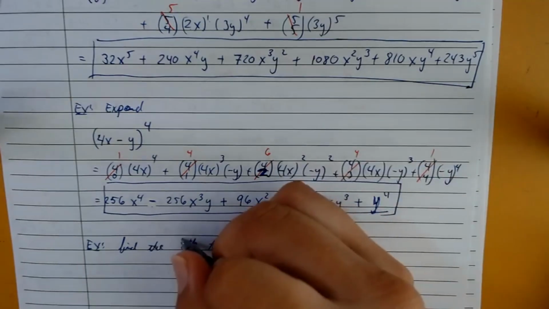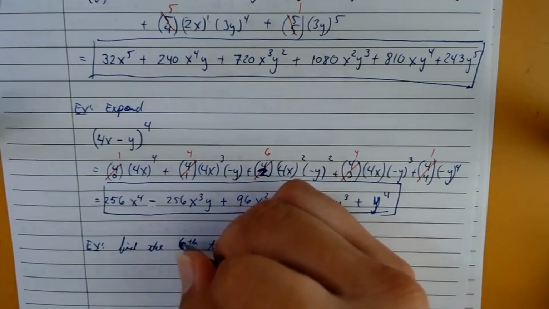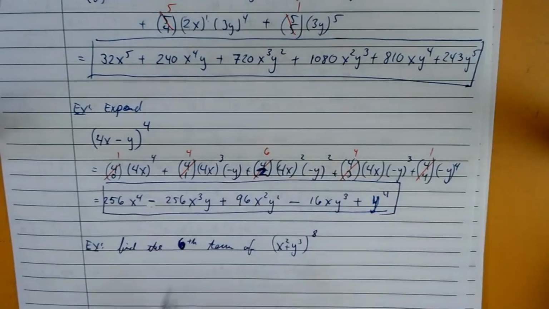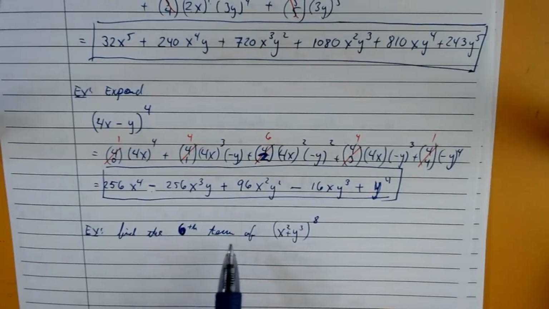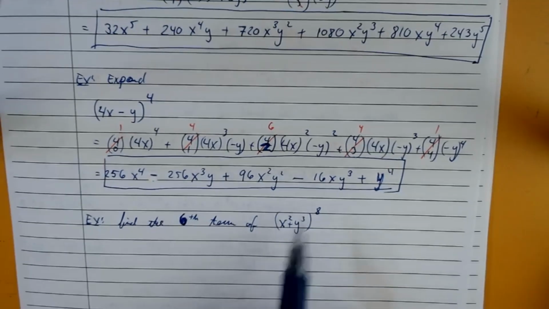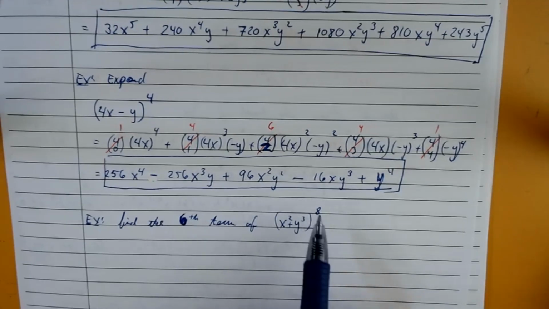You know what? Let's find the 6th term. There we go. Let's keep it closer to the middle. Right. Not that it matters. So let's find the 6th term of the expansion of x squared plus y to the 3rd, all raised to the 8th. All right. So here's a binomial, and you're going to raise it to the 8th.